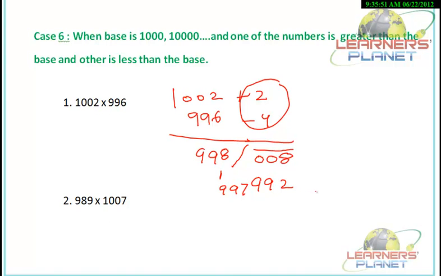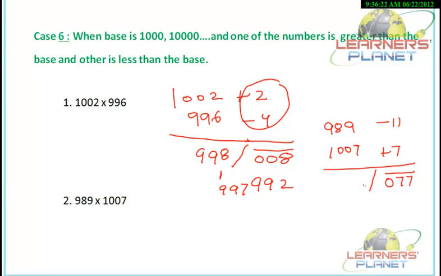Now let's take this example. It's 989 into 1007. It's minus 11 from 1000 and it is plus 7 from 1000. So 11 into 7, 77. We are getting just 2 digits. But since the base is 1000, we have to fill up 3 digits. So I write 077 and that's negative. Okay.